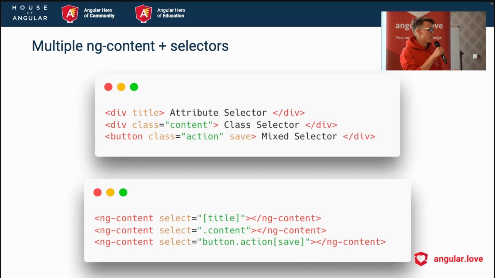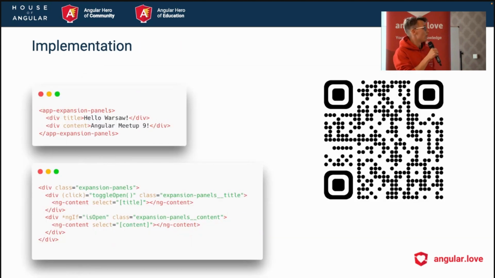And for something mixed, for example, here we have the button element, that is the action class, and then save in square brackets, which is the attribute. So it's probably a concept that you already know. Okay, so let's implement it into our application.